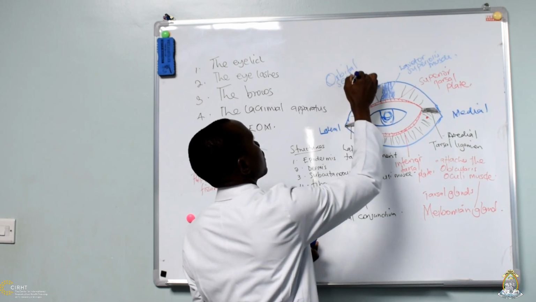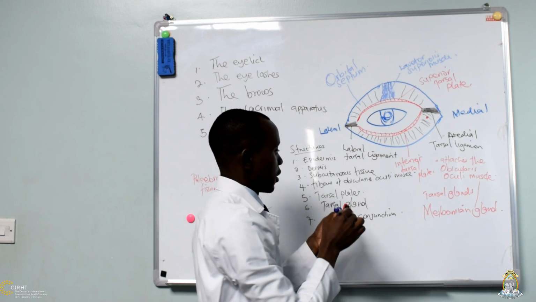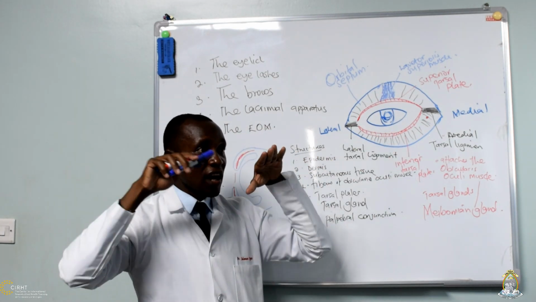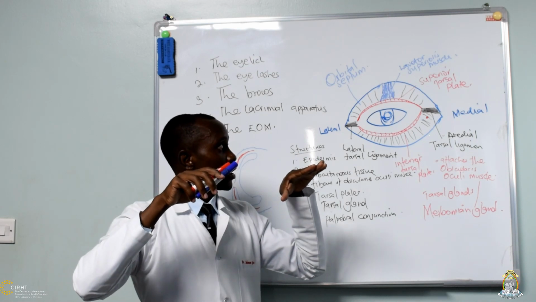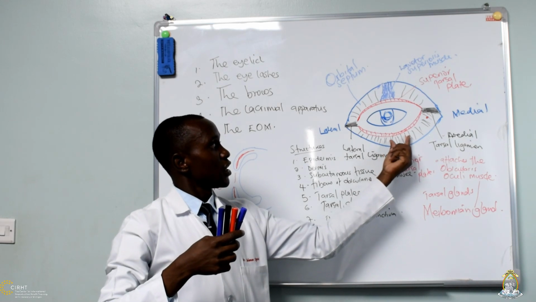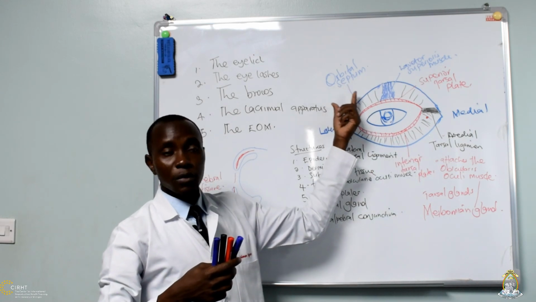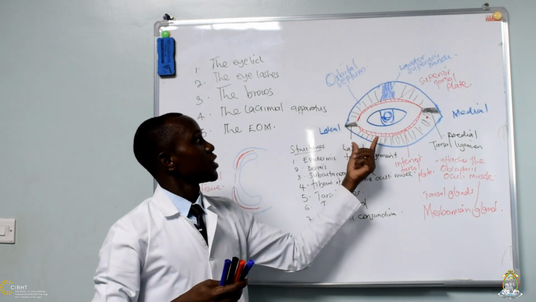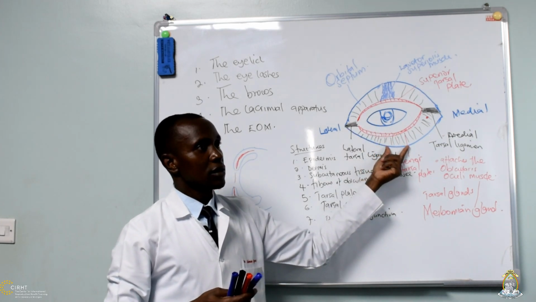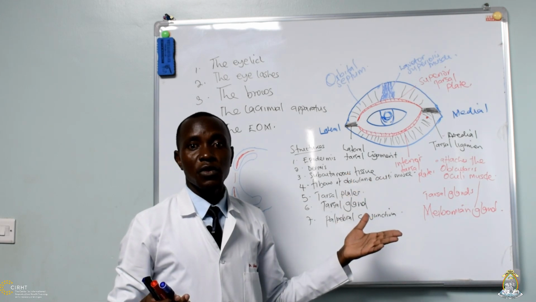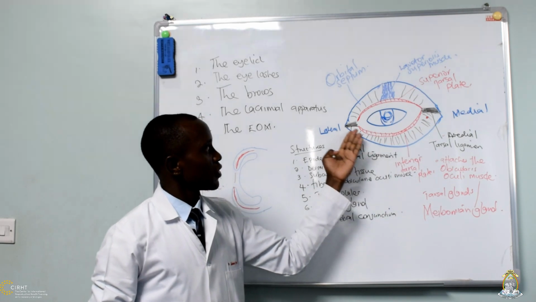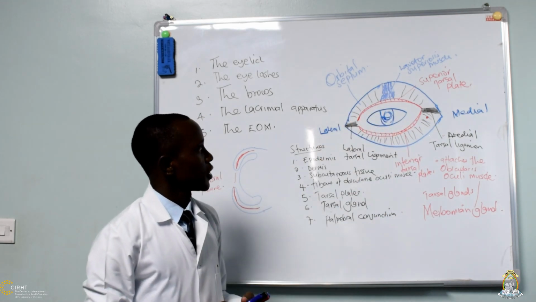Remember, the tarsal plate is majorly located at the anterior aspect of the eyelid, and this other part is covered by this layer of fibrous tissue, which is called the orbital septum. This orbital septum attaches to the tarsal plate and runs up to the margin of the bony orbit, and it is continuous with the periosteum of the bony orbit. It is important because it also gives the covering and fills this particular space.